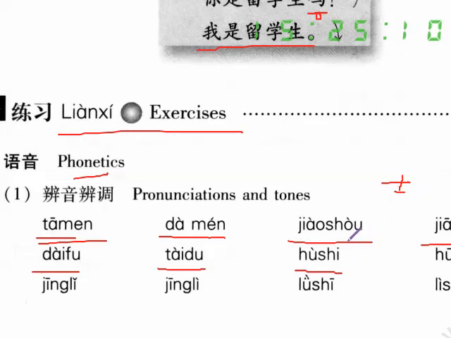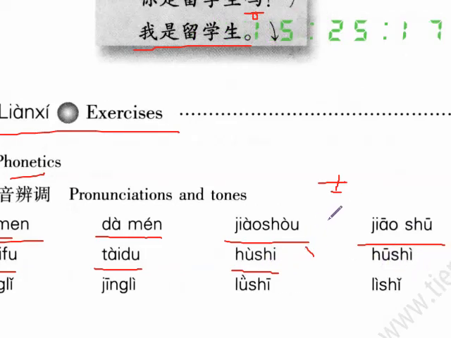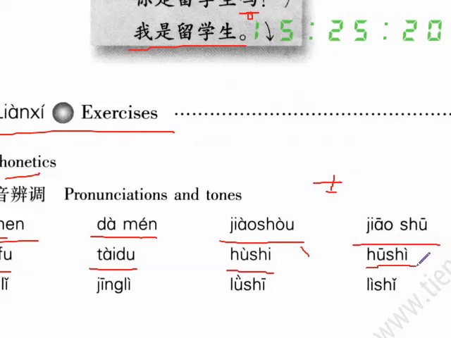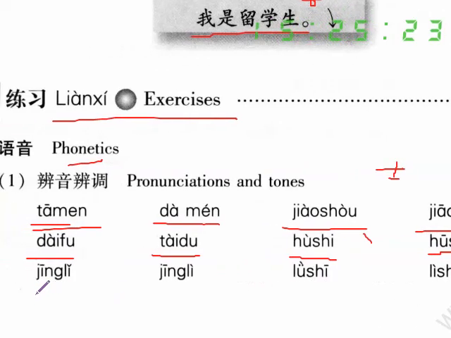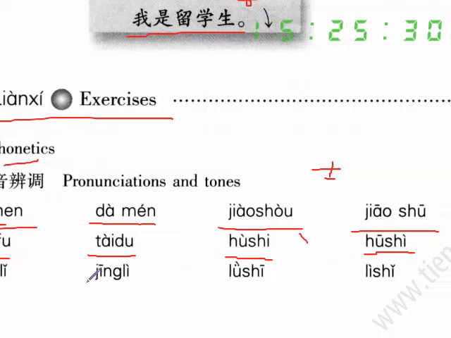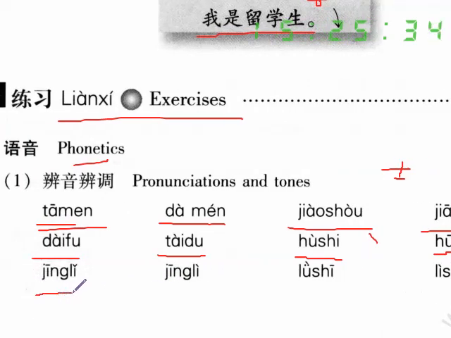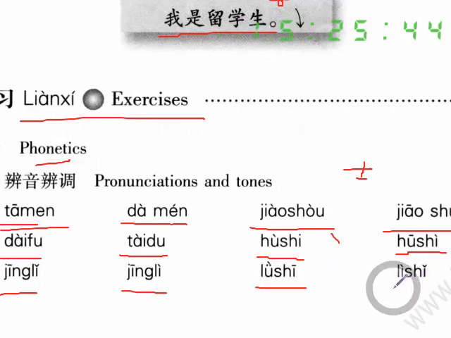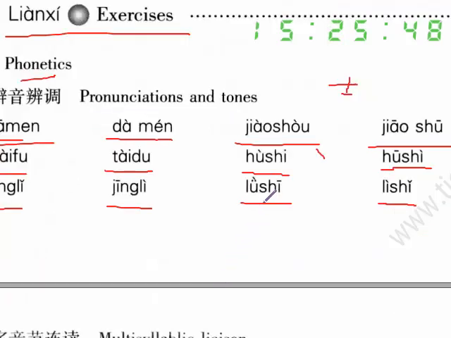Its original sound is also the first tone, so 护士 is nurse, but there is another word 护士 which means neglect or ignore. 经理，律师，lawyer. In British English, solicitor.